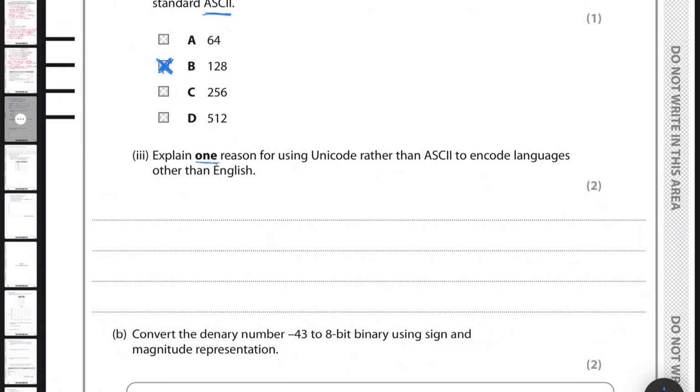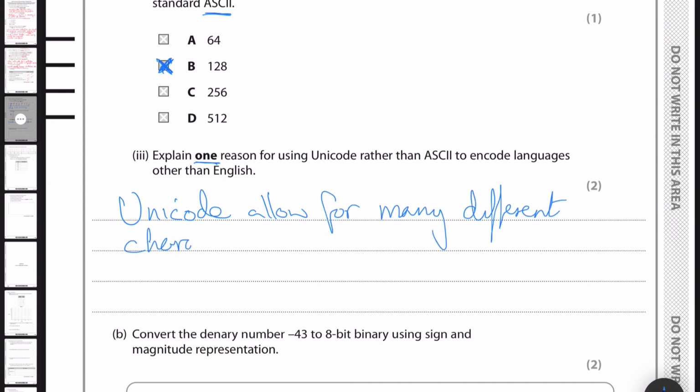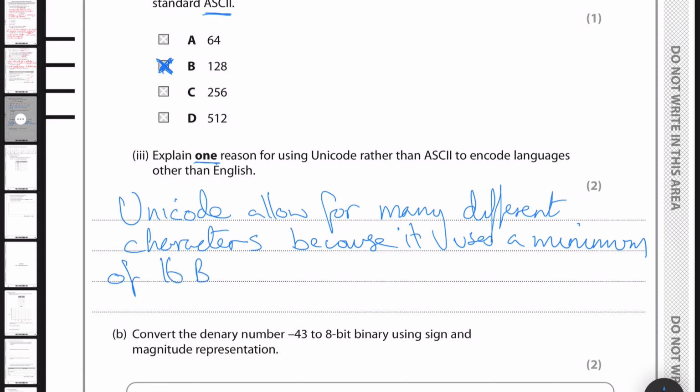Give one reason for using Unicode rather than ASCII to encode languages other than English. Unicode allows for many different characters. If we talk about 128 and doubling every time, we get 256, 512, and so on up to 16 bits.